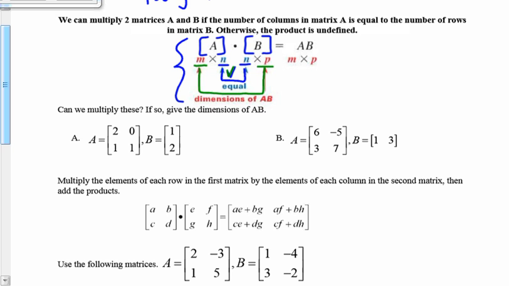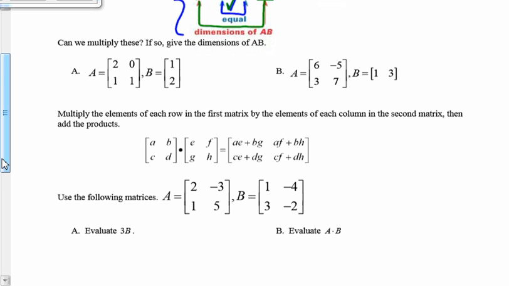That's our result. So let's actually look at one of these. They're just asking us if we can multiply these. They're not asking us to actually multiply. So can we? Well, let's look at the dimensions of the first matrix. We have 2 rows by 2 columns. This is a 2 by 2 matrix. In B, I have 2 rows by 1 column, 2 by 1.